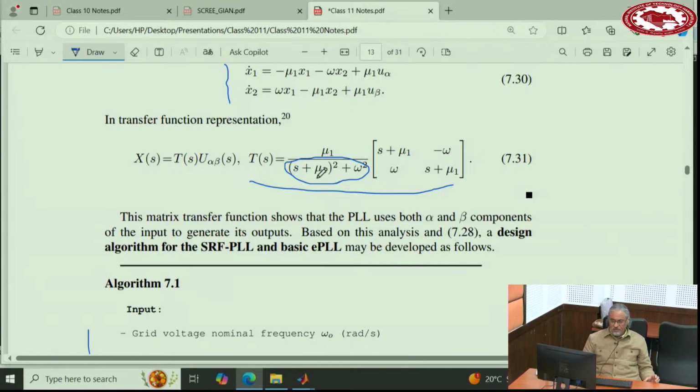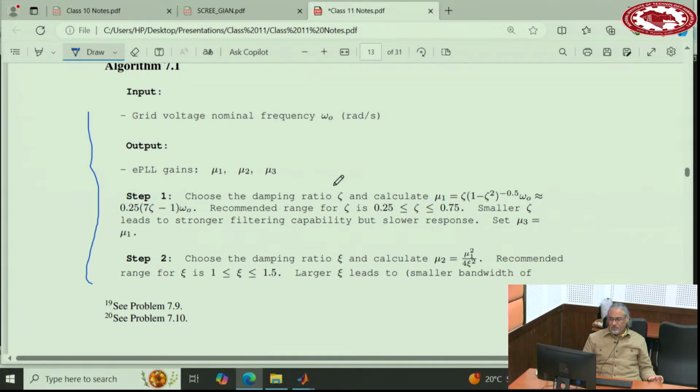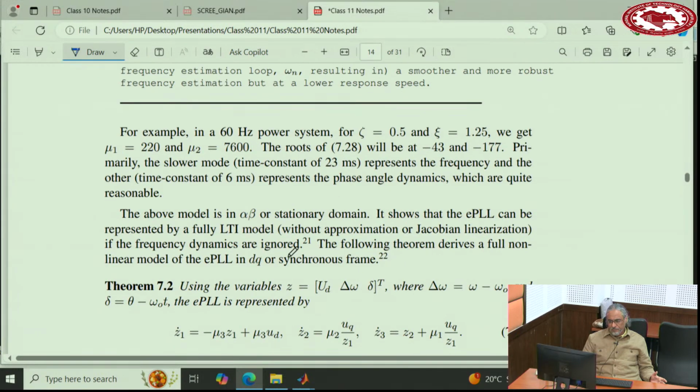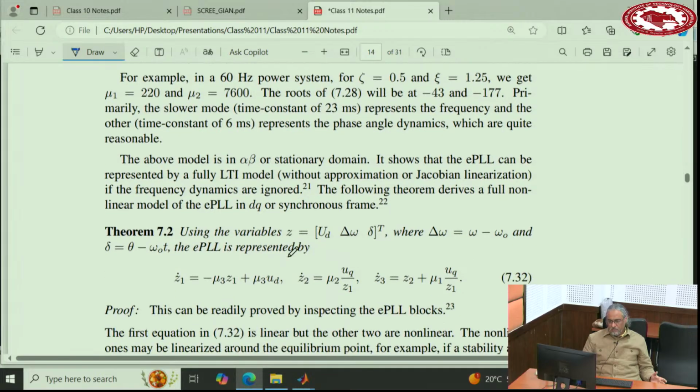And from there, find mu1. So find mu1 from this equation, you can approximate that, and then mu2 is 0 and mu3 is equal to mu1.